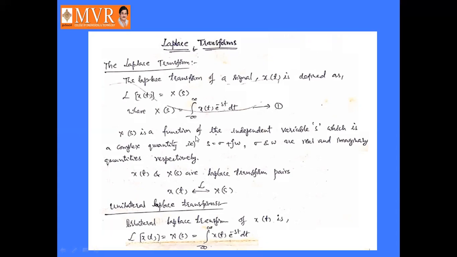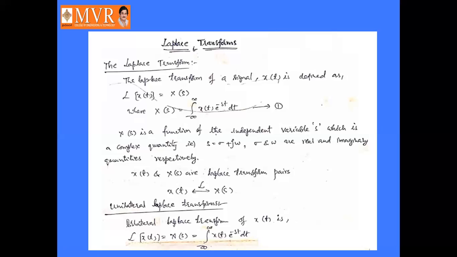Here X(s) is a function of the independent variable s, which is a complex quantity. It is a combination of real and imaginary terms, that is s = sigma + j omega, where sigma and omega are the real and imaginary quantities respectively.